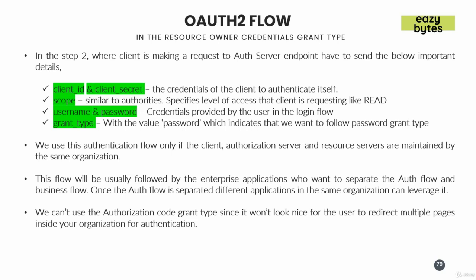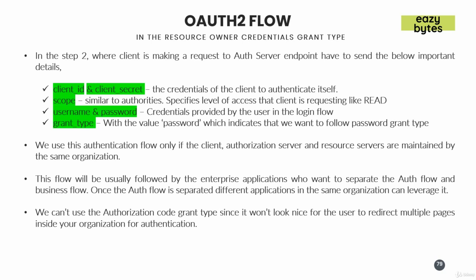Again, to reiterate, this resource owner credentials grant type will be used only if the client, authorization server, and resource servers are maintained by the same organization. Many organizations have multiple sub applications or internal applications.